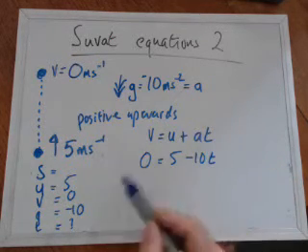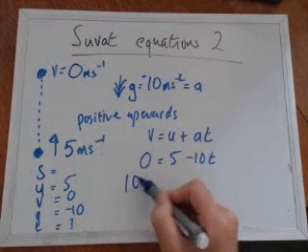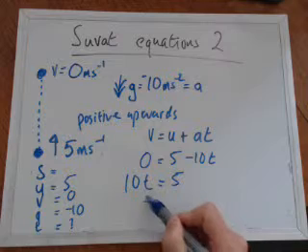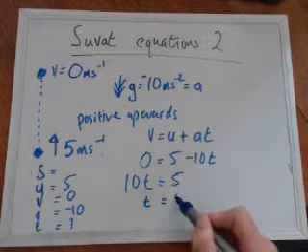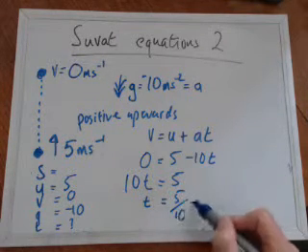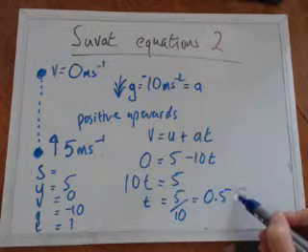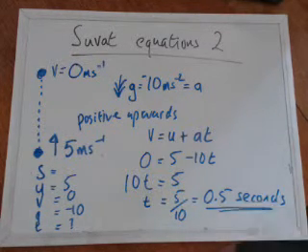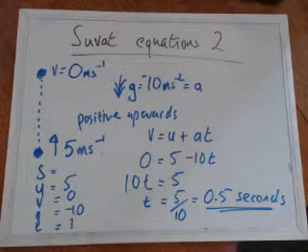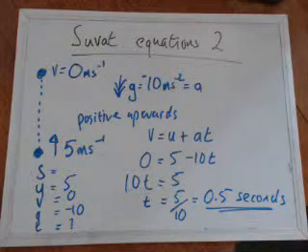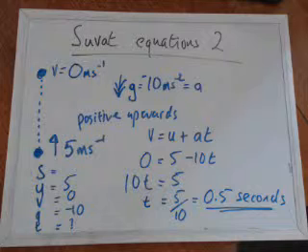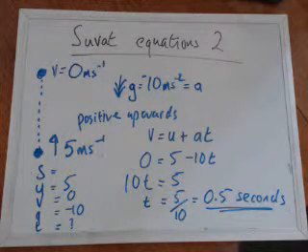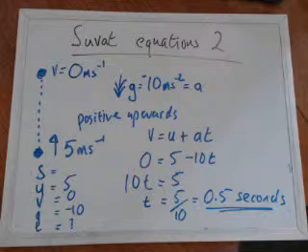Okay, so we bring that across: 10t equals 5, so the time must be equal to 5 over 10, which equals 0.5 seconds. That is the answer to that question. So if you throw a ball up with an initial velocity of 5 meters per second, it'll take half a second before it reaches its maximum height.